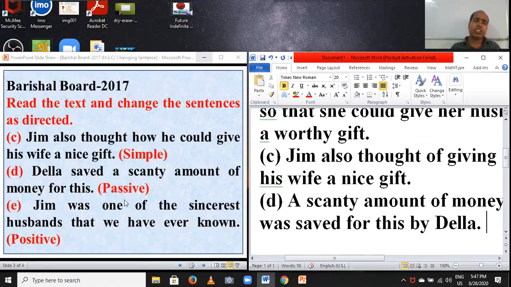The students, this sentence has now been changed into passive. You can change into passive by using this formula.